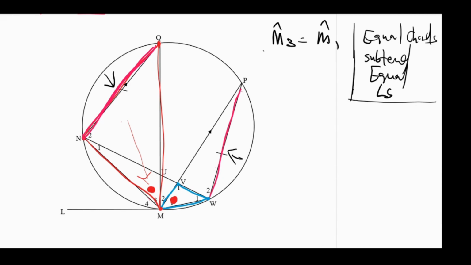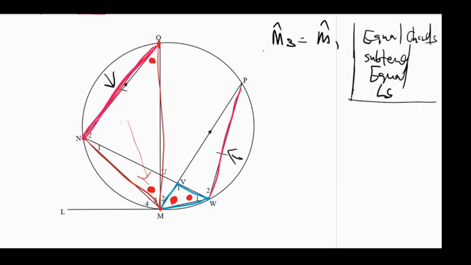And another thing that is similar, in these two triangles, is that this W1 here is equal to this Q here, right?